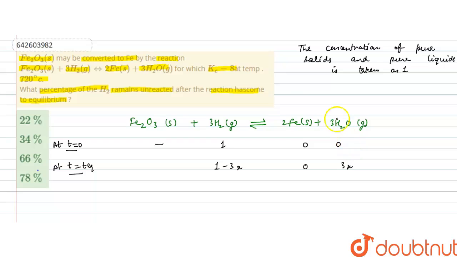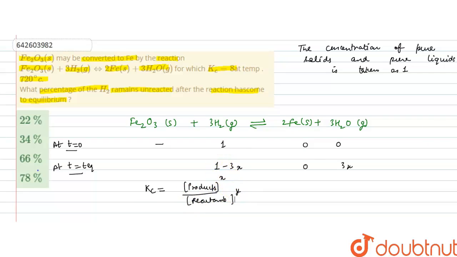So now the Kc for the reaction is given. Kc is the equilibrium constant which is equal to the concentration of the products raised to the power of their stoichiometric coefficient divided by the concentration of reactants raised to the power of their stoichiometric coefficient.